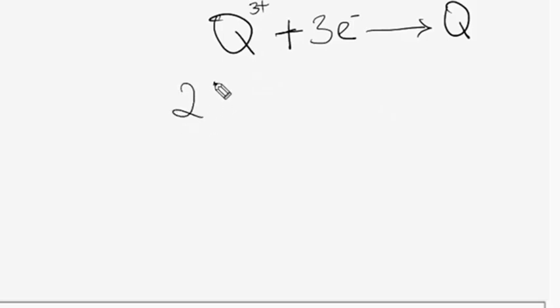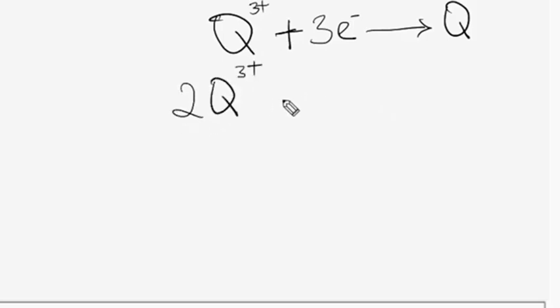So it means that to be discharged, we have 3e in order to gain this Q. But also, from the options we have here, we actually have 2Q 3+.